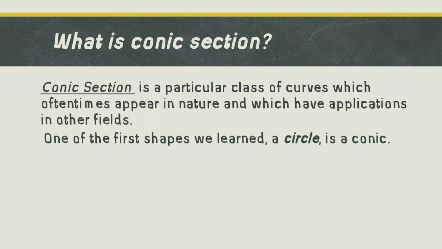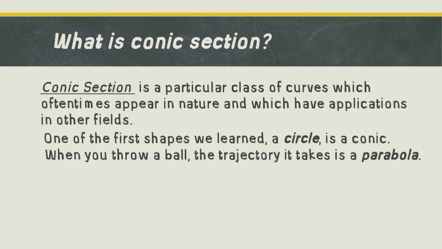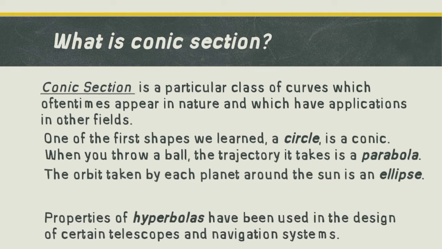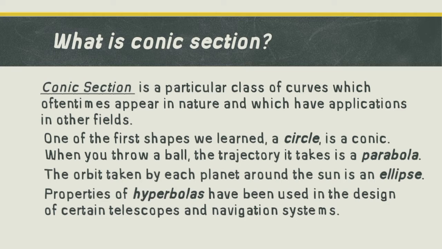It is a conic. When you throw a ball, the trajectory it takes is a parabola. The orbit taken by each planet around the Sun is an ellipse. Properties of hyperbolas have been used in the design of certain telescopes and navigation systems.